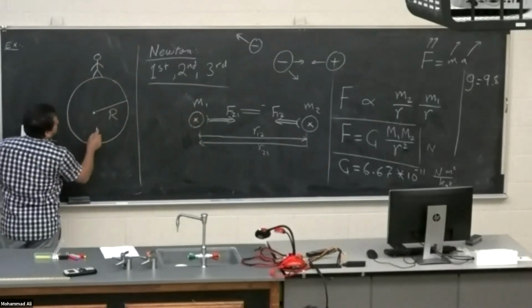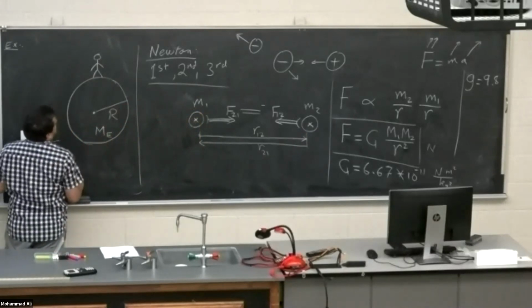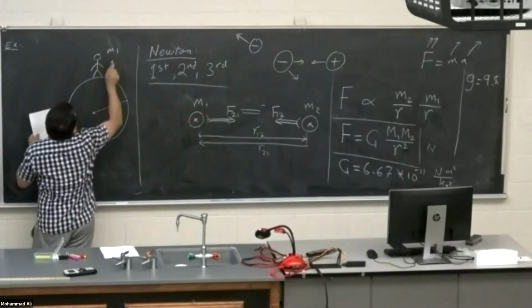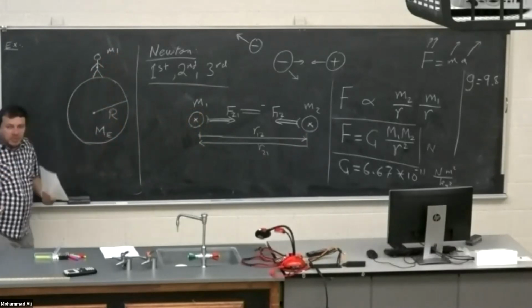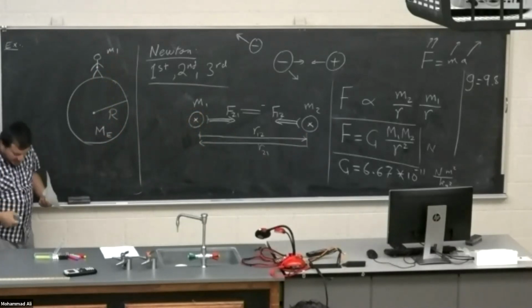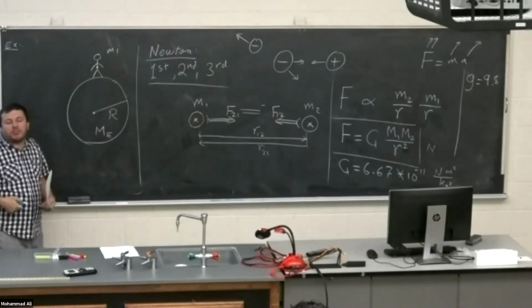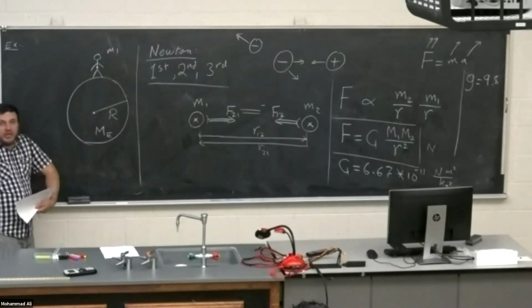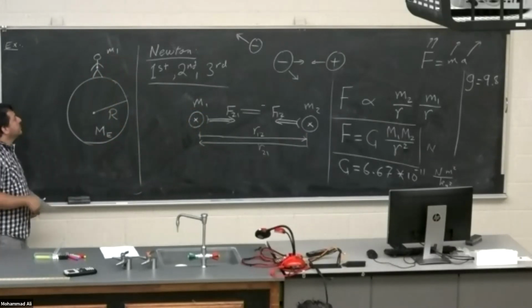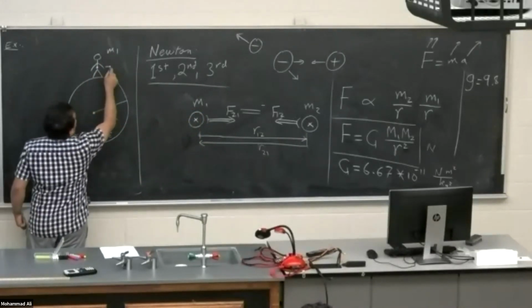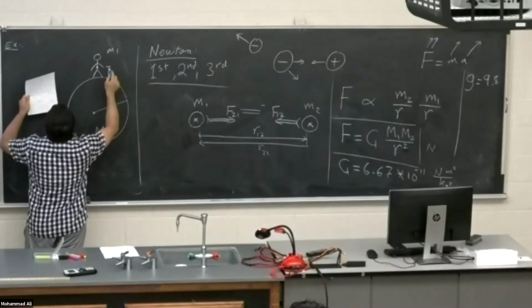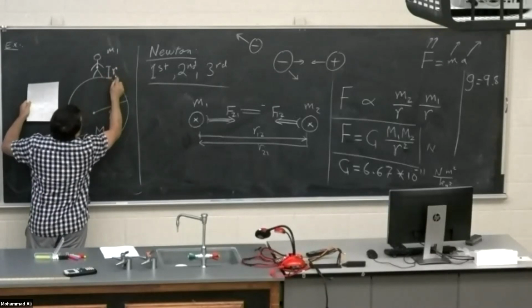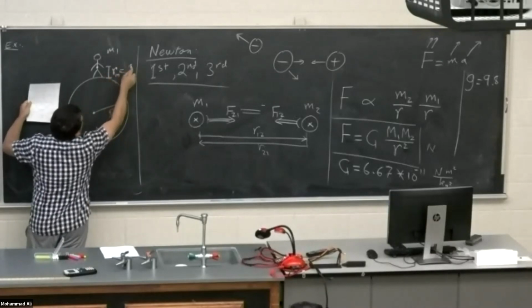And we have the mass of Earth, which is ME. This is M1. And this person, like me, his center of mass is approximately 1 meter above the ground, which is almost here. So I will assume this distance as R1, or R for this mass, which is equal to 1 meter.